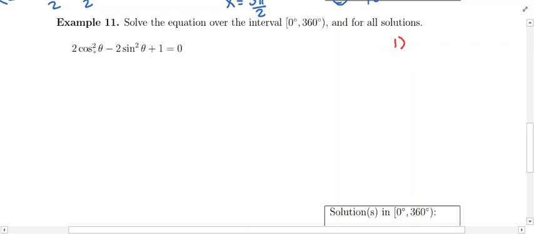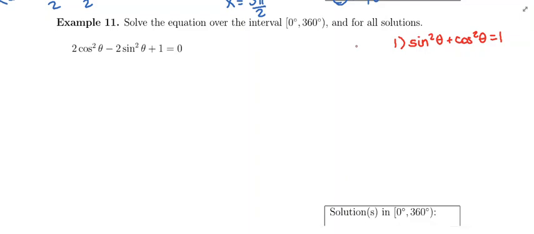We've got cosine squared and sine squared, and they're related through the Pythagorean identity sine squared theta plus cosine squared theta is equal to 1. So you could solve for either sine squared or cosine squared and then make that substitution, and it will turn your equation into one with a single trigonometric function. It will be quadratic and you can go from there.